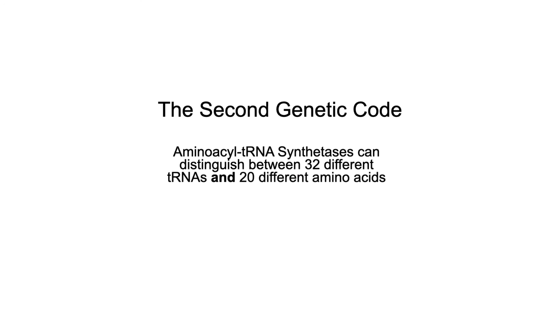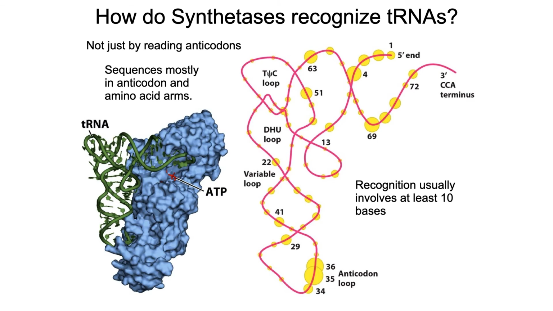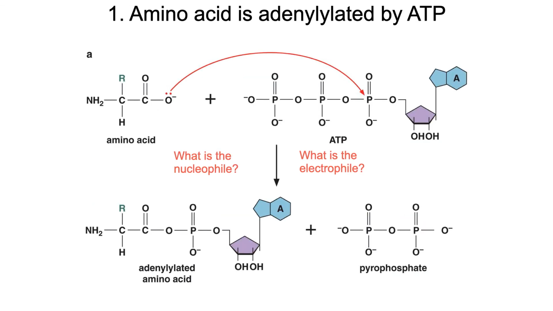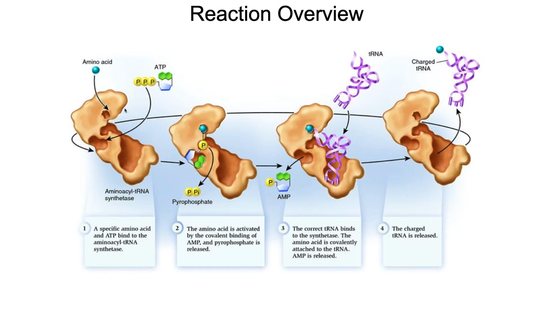Now, there is talk, sometimes you might hear the idea of the second genetic code. And what that means is that in order for the genetic code to work, the various aminoacyl-tRNAs have to make sure that they can distinguish between the 20 different amino acids and bind the correct one, and distinguish between about 32 different tRNAs and determine which ones of those, right, because it can be multiple of them, it is supposed to bind to.